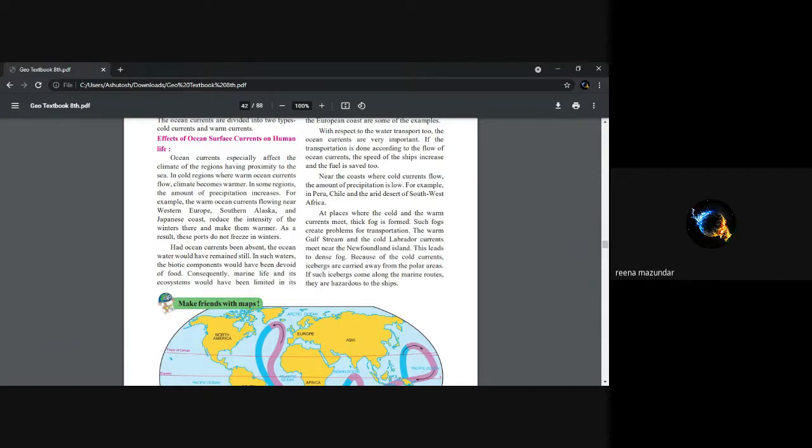Small small shrubs are there, छोटी छोटी झाडं असतात पाण्याखाली, आपण बघितलं. मग ती जी सजीव सृष्टी आहे ती नसते तिथे. Consequently marine life and ecosystem would have been limited in its extent.